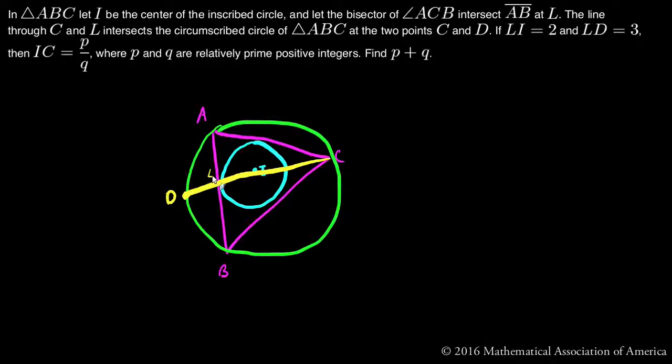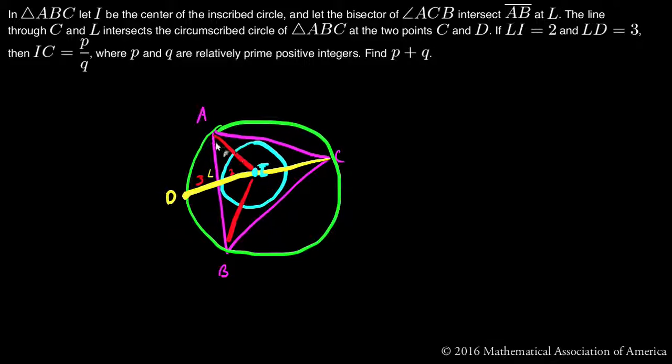And finally, let me put I back up here so you can see it. I kind of wrote over it. They tell us that LI is 2 and LD is 3. Now, one more thing I'm going to add in is the other two angle bisectors, because the intersection of the angle bisectors will be the in-center of the circle.